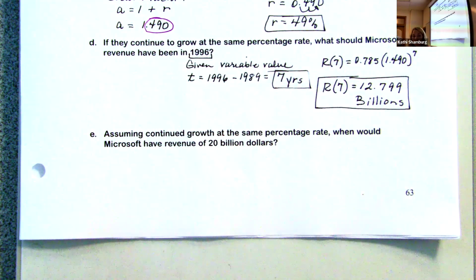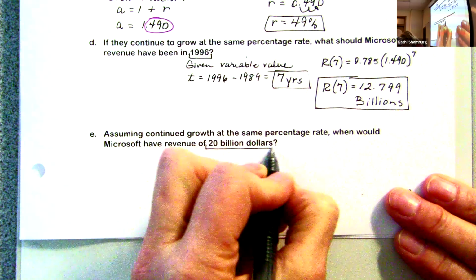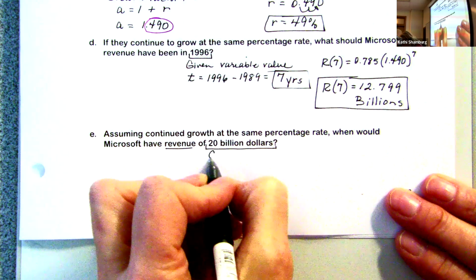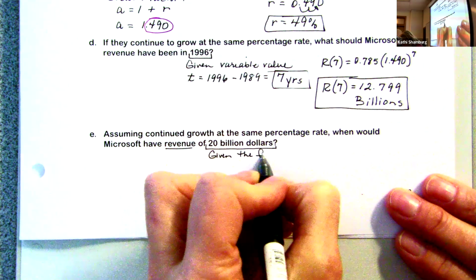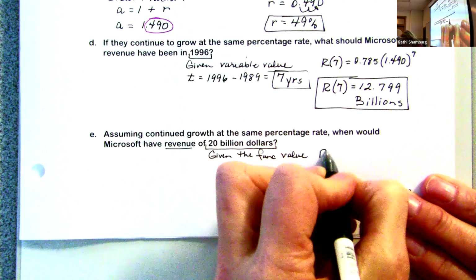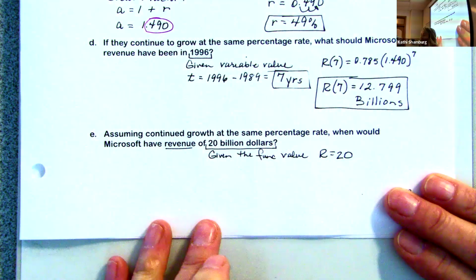Assuming continued growth at the same percentage rate, when would Microsoft have revenue of $20 billion? So now we're given revenue, so now we are given what? The function value. And that is R equals 20 billion.